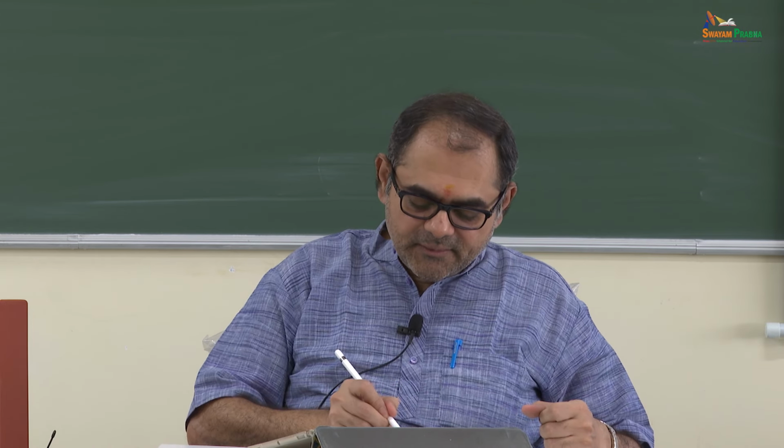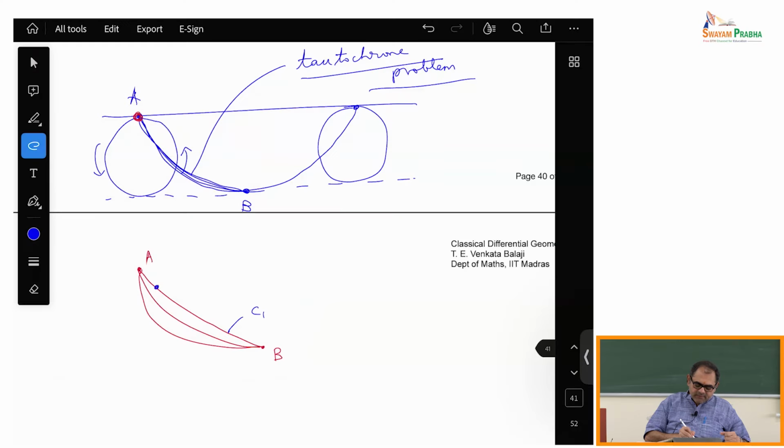Suppose I choose one of these curves, let us say the curve C1, and I place an object, let us say P1, here, and then I let it slide down along the curve under the influence of gravity. Then this P1 will arrive at B, and the time taken by P1 will be some value.